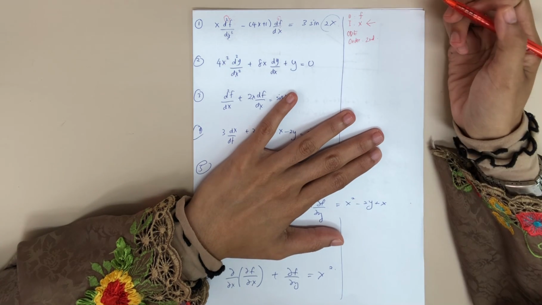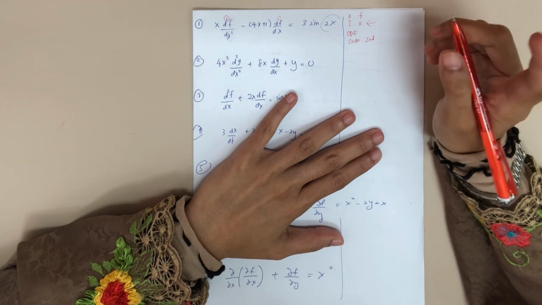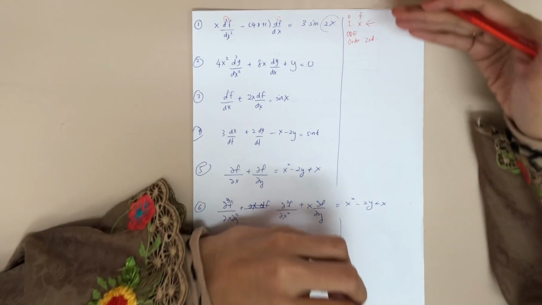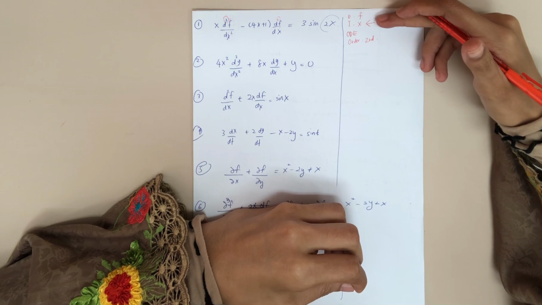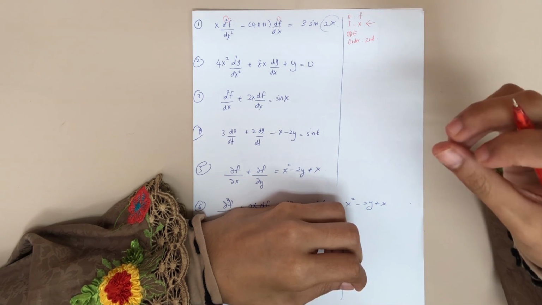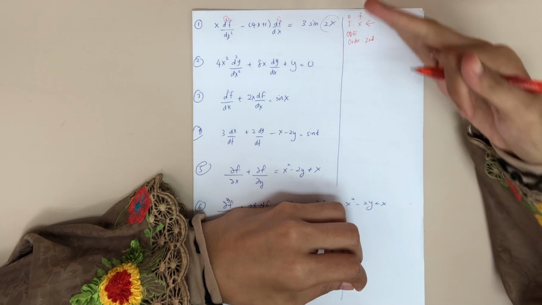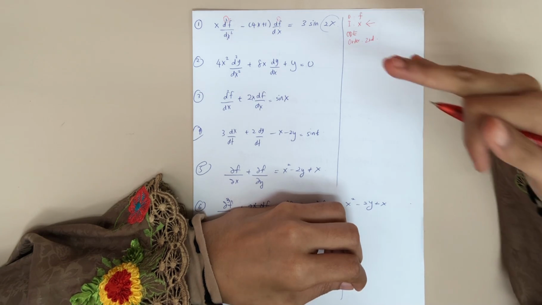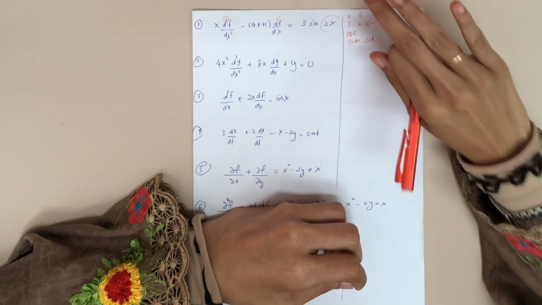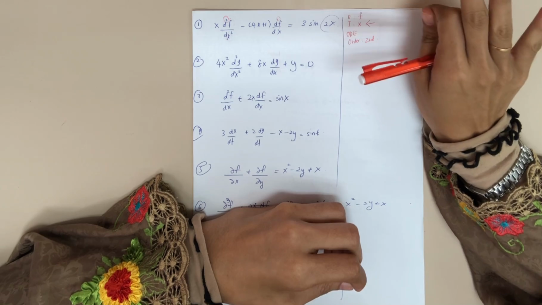Then we want to know whether this equation is linear or non-linear. This is not the hardest part, but compared to the order and so on, for the linearity you need to put in extra effort. Because there are 3 conditions that you need to know, and this equation is said to be linear if all the 3 conditions are fulfilled. So you need to memorize all the 3 conditions.